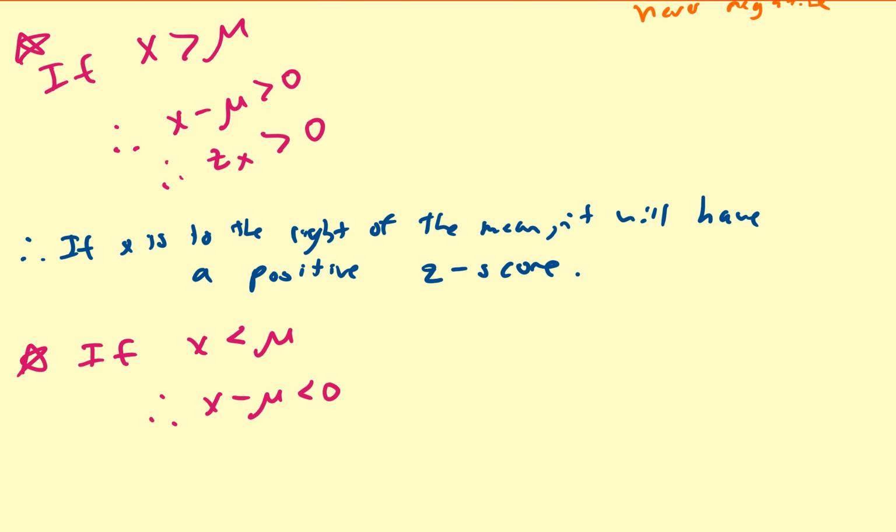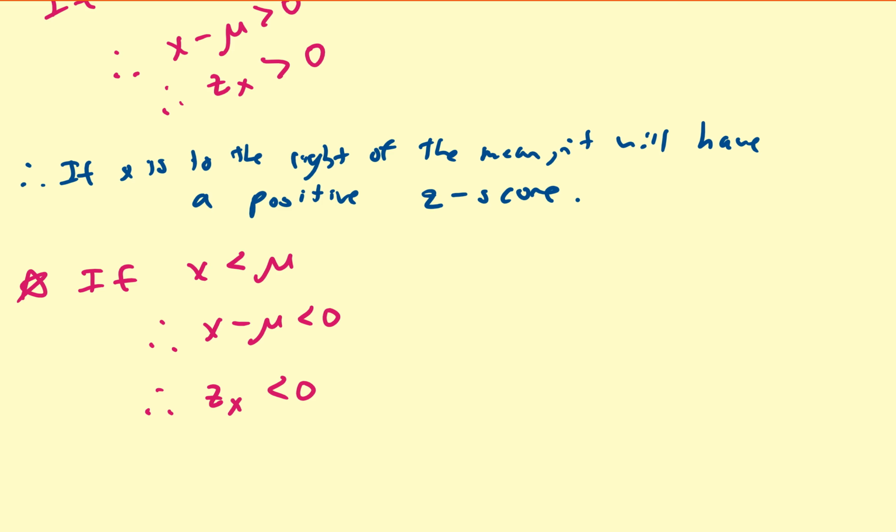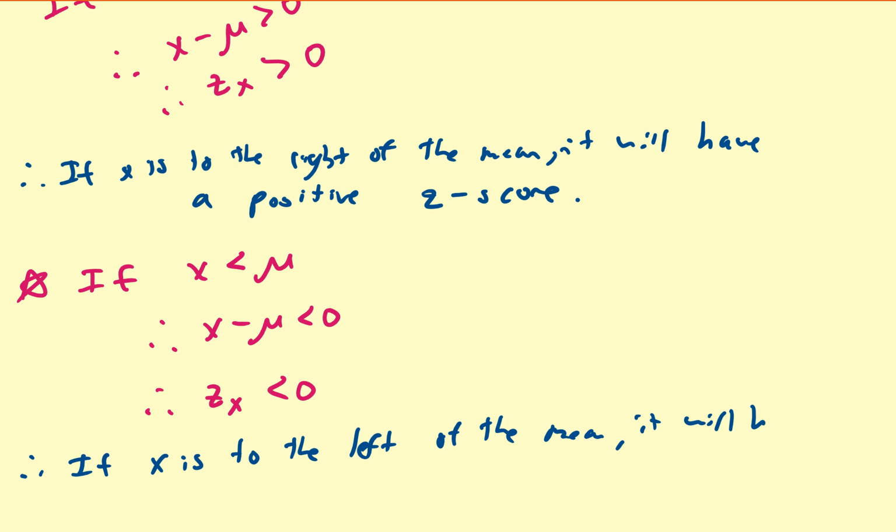If x minus mu is less than 0, then the z-score for x is also going to be less than 0. So that means if x is to the left of the mean, it will have a negative z-score.